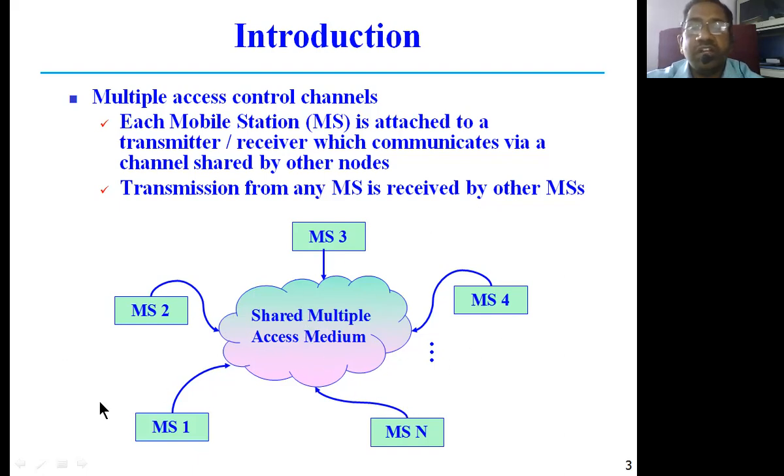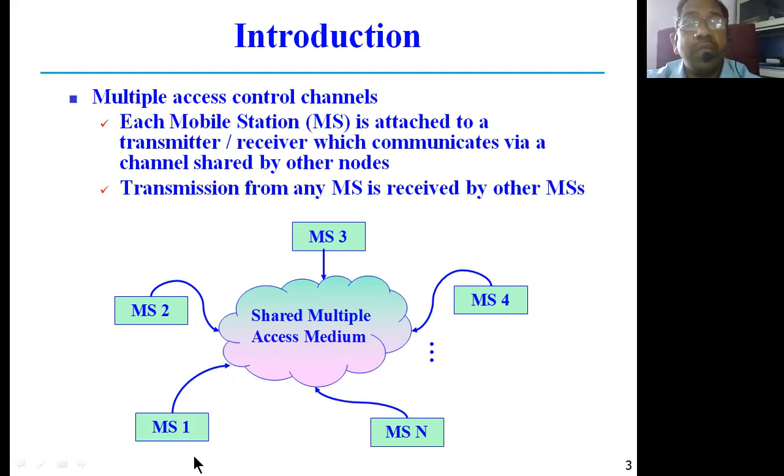So whenever you want to share some information on the common channel shared by so many others, to a recipient, that comes under the multiple access channels. So we have to deal with that by using the multiple access techniques.